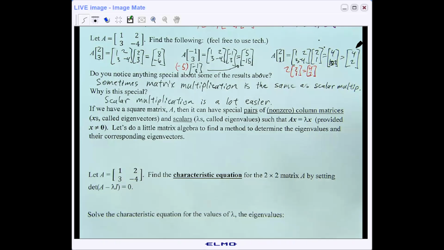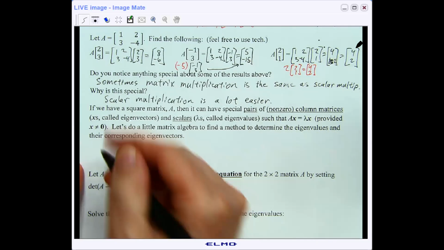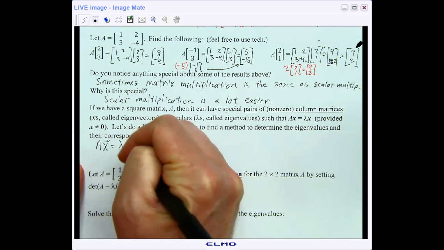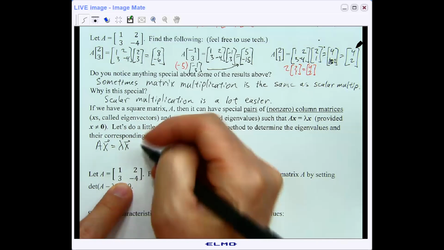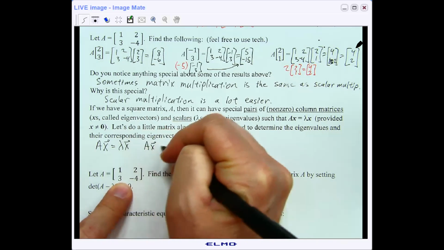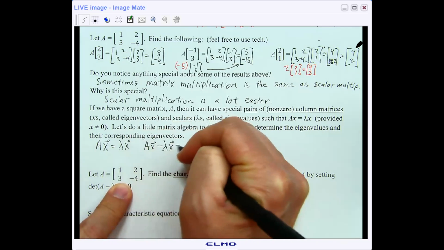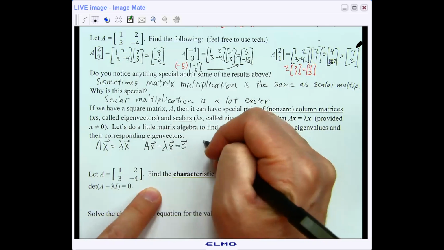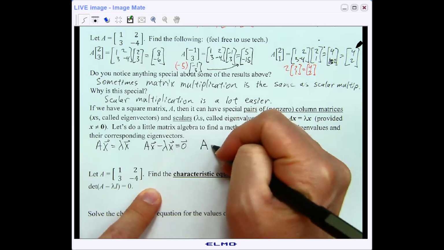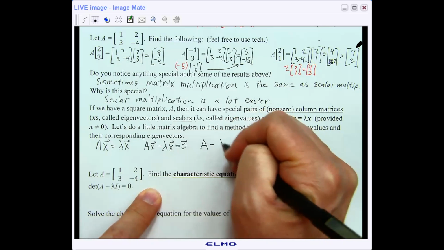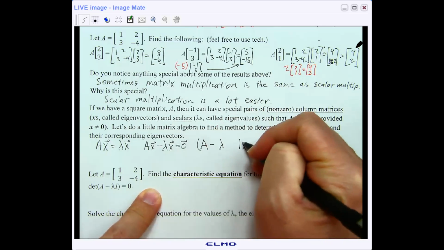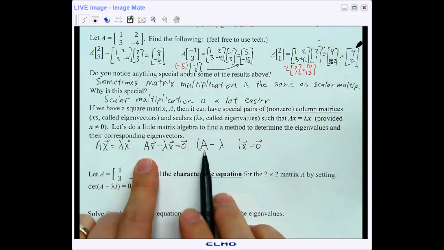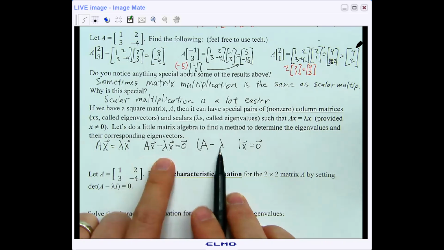We're going to do a little bit of matrix algebra here, and talk about Ax equals lambda x. If that's true, then Ax minus lambda x should be the 0 vector. And if I factor out the x, I get the 0 vector. But there's a small problem here. A was an n by n matrix and lambda was a scalar.